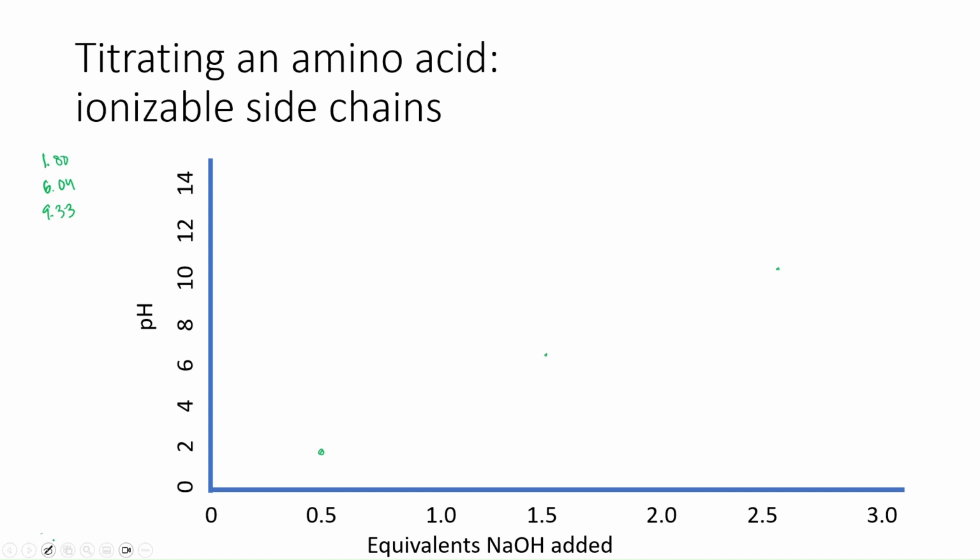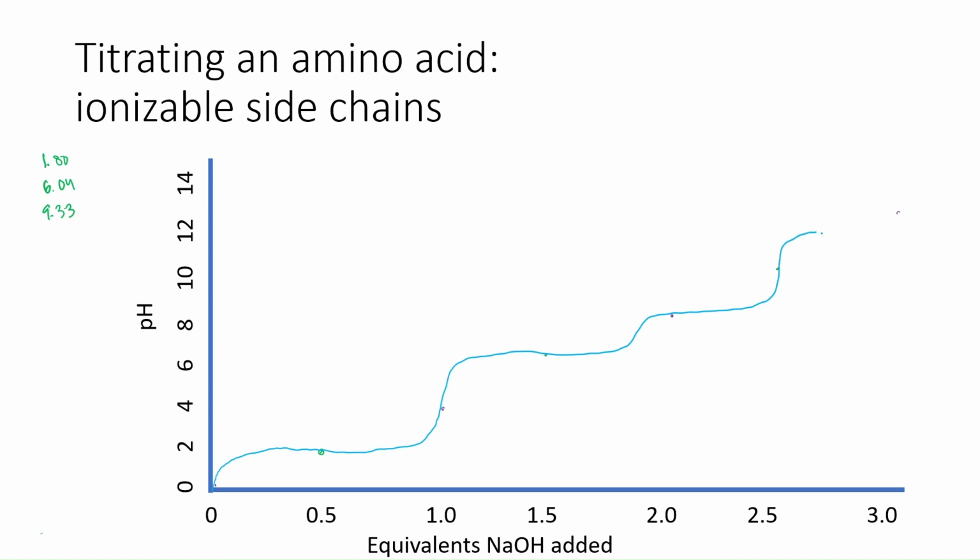And then we need to fill in our equivalence points, and those are going to be halfway in between them. So at 1 equivalent, at 2 equivalents, and at 3 equivalents. From there, we can start filling in what our titration curve might look like. So we can try to be sort of steep around our equivalence point and sort of flat around our buffer region.